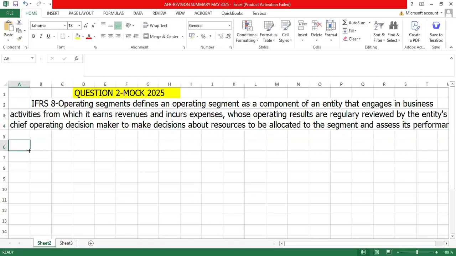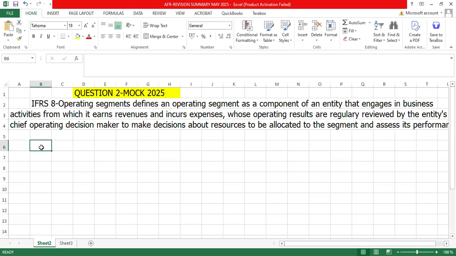Now, after knowing the operating segment, we want to know which one qualifies as a reportable segment. We want to know from your segments which one can qualify to be a reportable segment. So we are also going to write another paragraph.